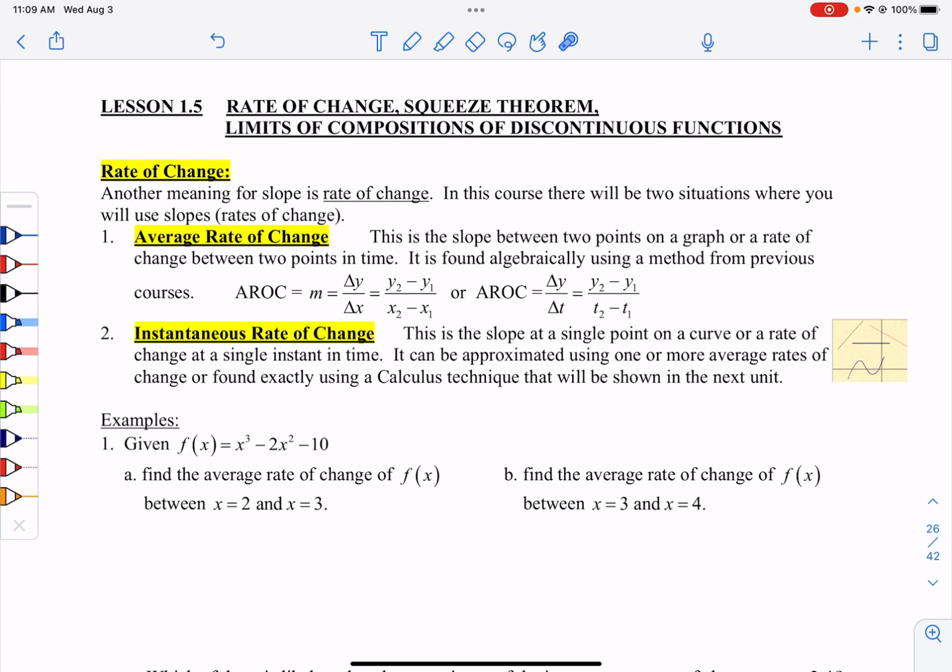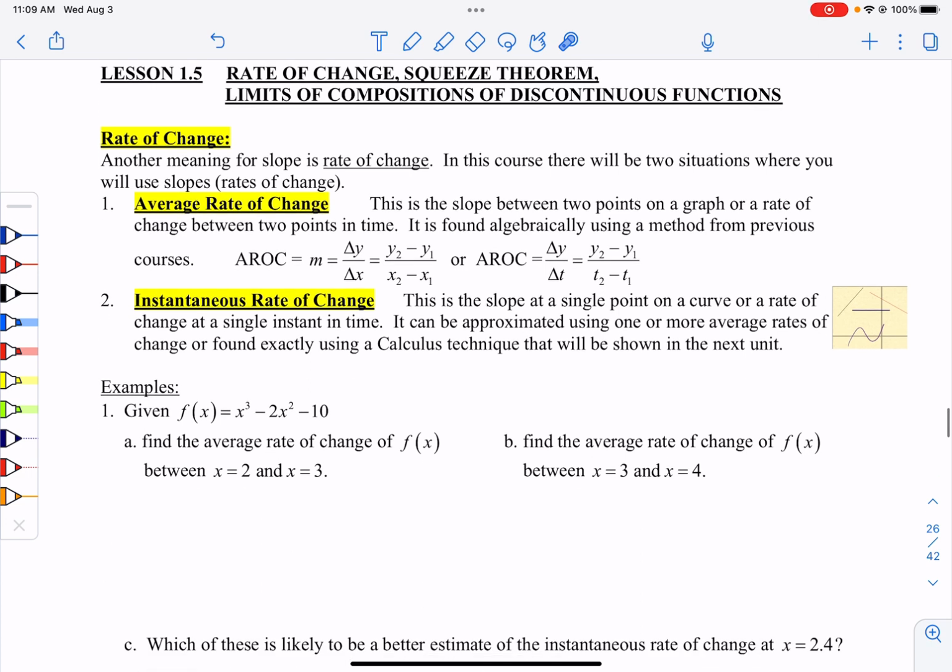The one that we're going to get a lot deeper into as the year goes on is the second situation, the instantaneous rate of change. Now, this is the slope at a single point on a curve. So it's not the rate of change between 2 points. The instantaneous rate of change wants to know at this exact moment, how much is my rate changing?